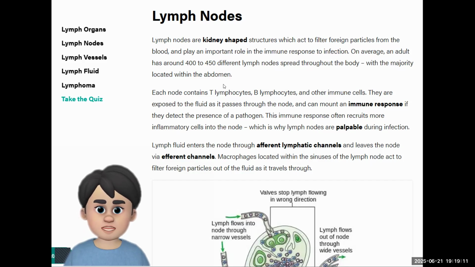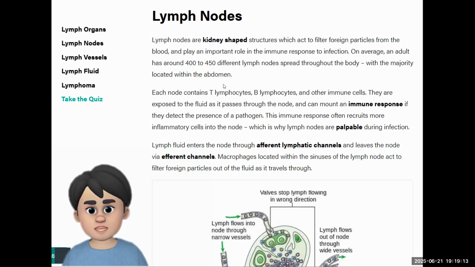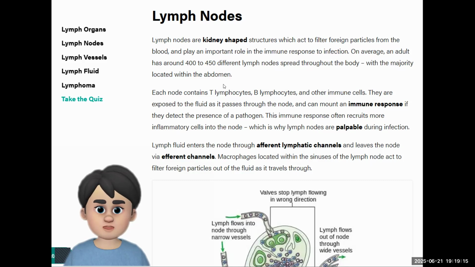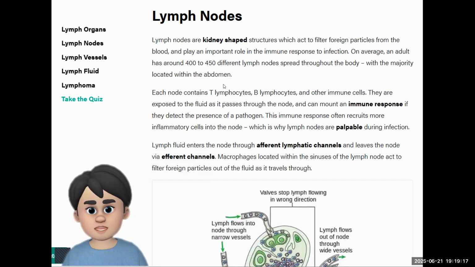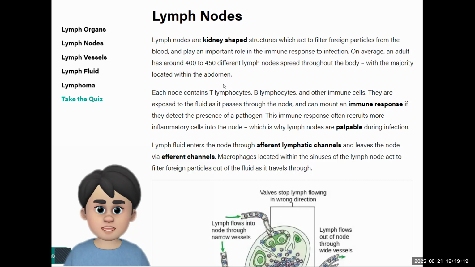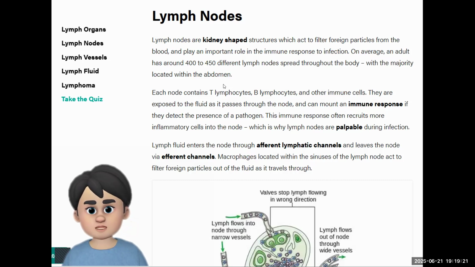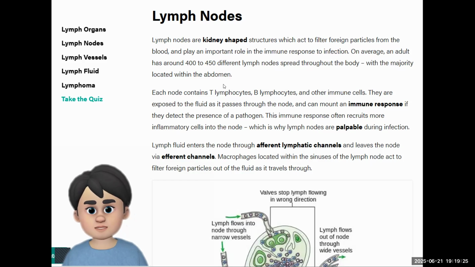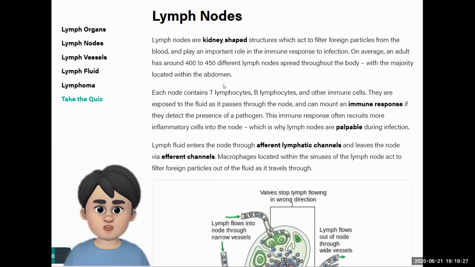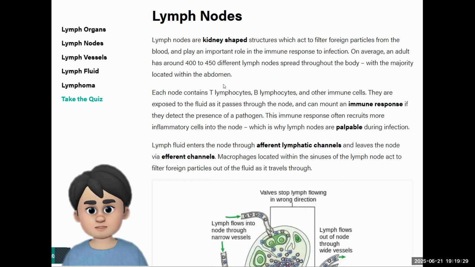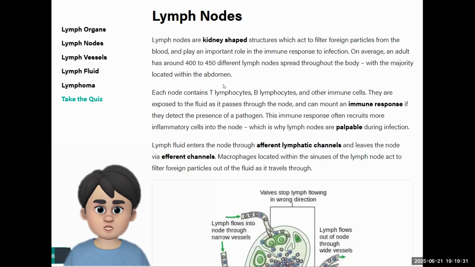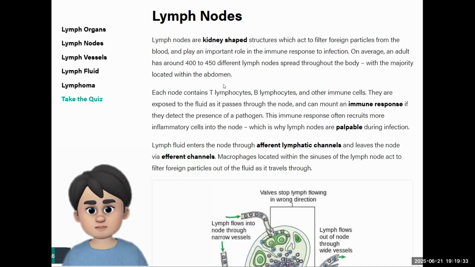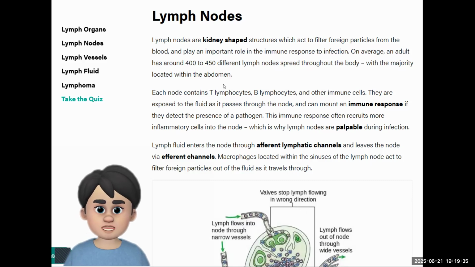On average, an adult has around 400 to 500 lymph nodes spread throughout the body, with the majority located in the abdomen. Each lymph node contains T lymphocytes. A lymphocyte is a white blood cell related to defense. They are exposed to the fluid as it passes through the nodes and can mount an immune response.